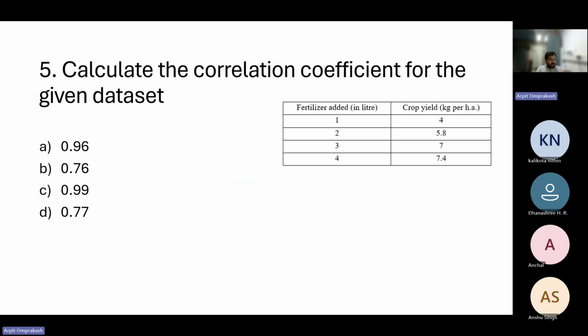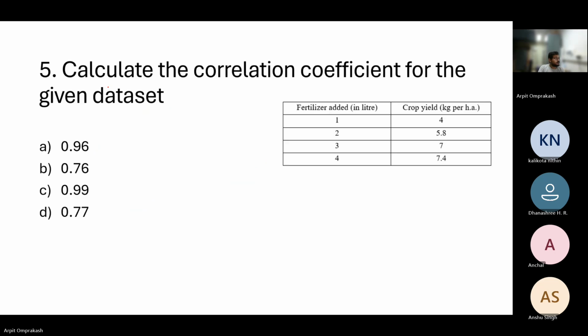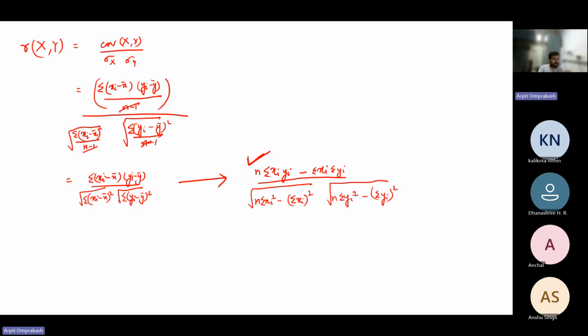So what we have here is xi and yi. Our xi is 1, 2, 3, 4.